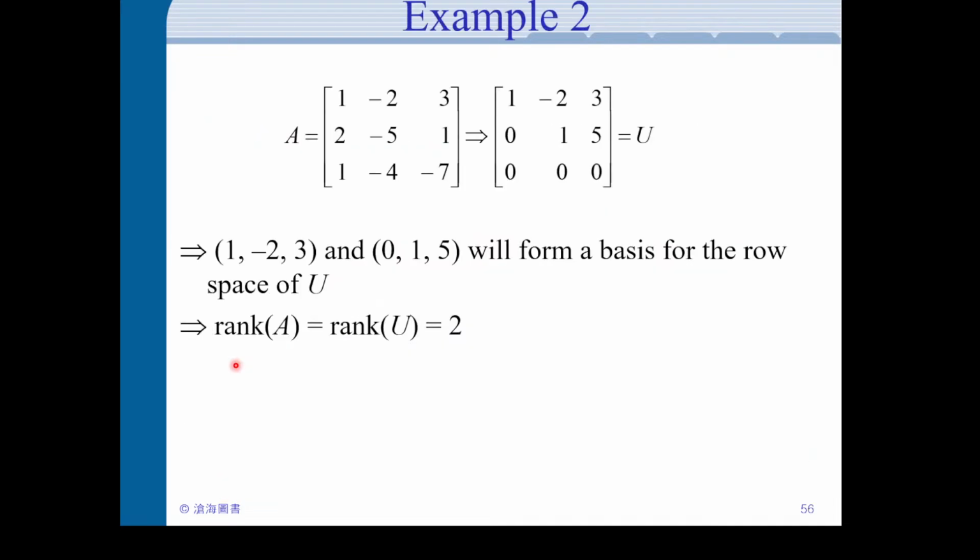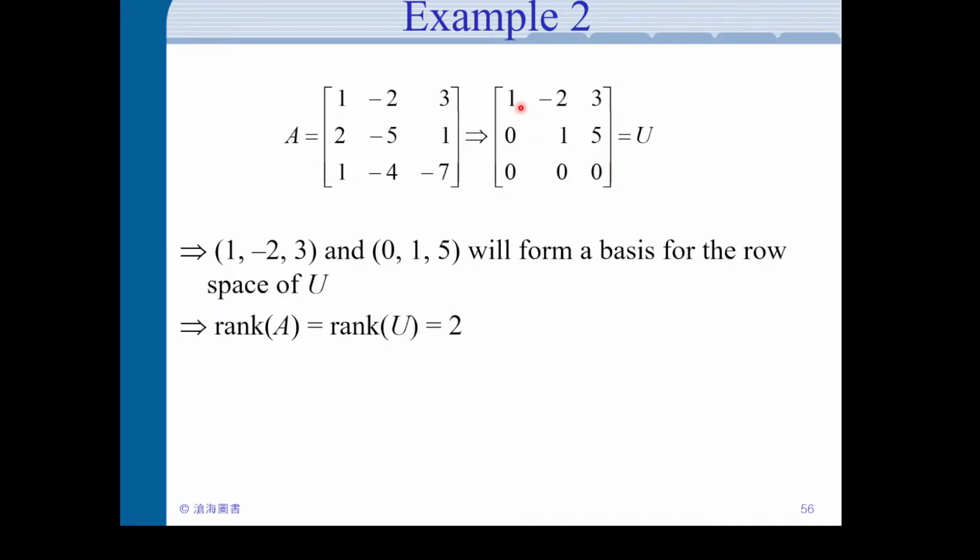Let's see an example here. We have matrix A, and we do our Gaussian elimination. We get this U. Sorry, this is row echelon form here. This is not reduced because you have -2 here.